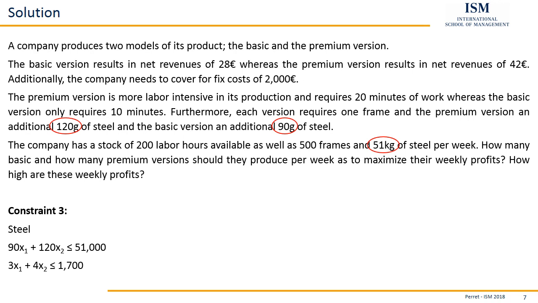And if we then take a look at our text, we covered everything which is given in the text. We have two decision variables, the amount of basic and premium versions to be produced. We formulated an objective function, and we formulated 3 constraints. So let's just summarize all this information in a comprehensive model.